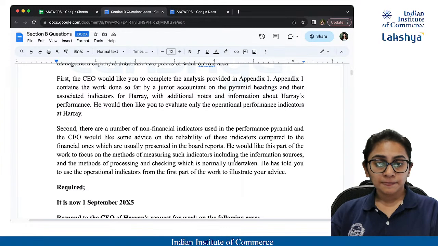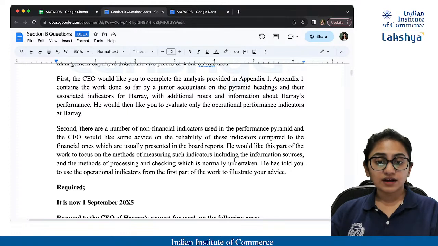Appendix 1 contains the work done so far by a junior accountant on the pyramid's headings and their associated indicators for Harry, with additional notes and information about Harry's performance. He would then like you to evaluate only the operational performance indicators at Harry.